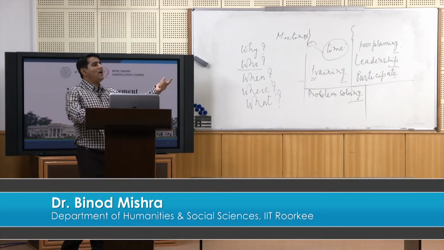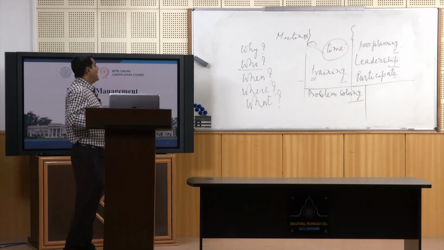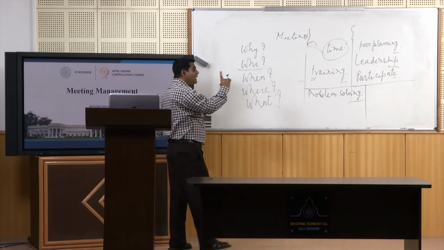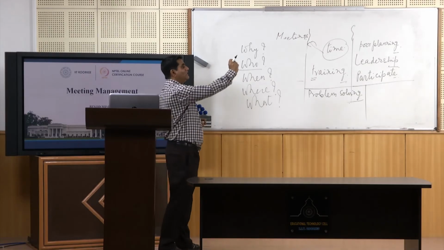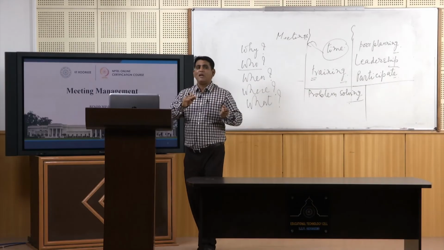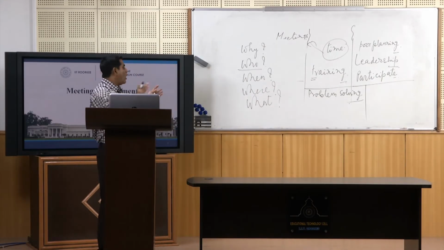Who are the people? I mean, people who are part of that, people who actually can help a lot in the decision making process. Now, for that you will have to check the calendars. You will also have to think about the time of the people who are part of the meeting, because everyone may not be free at the time that you are going to call a meeting.